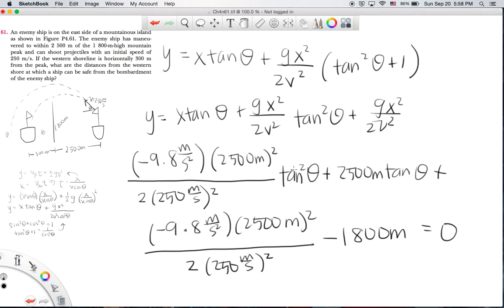So this is like the second line here moved around, but it's still the same equation.